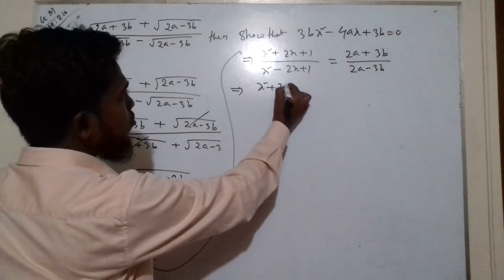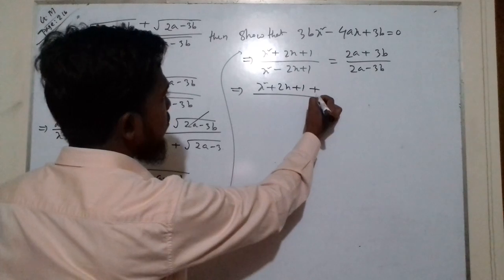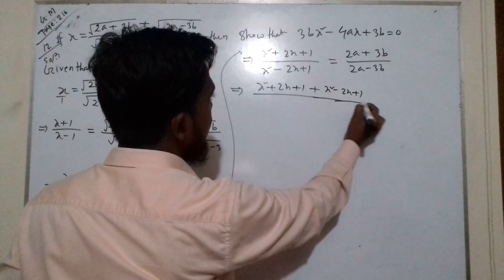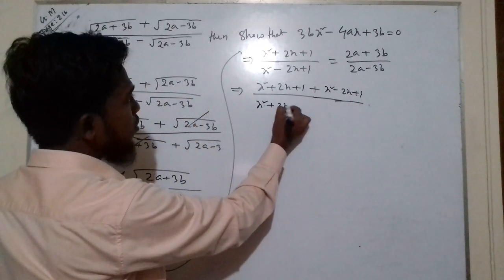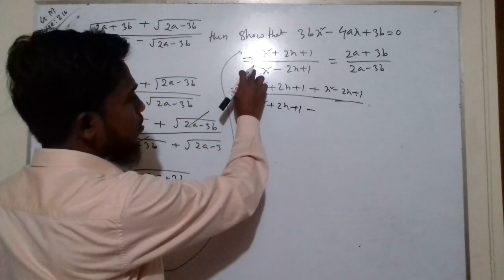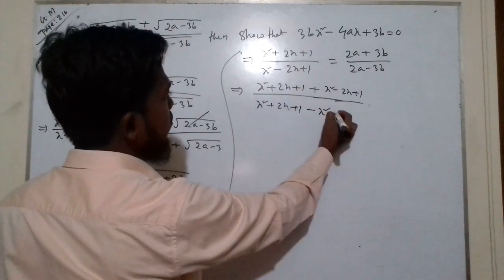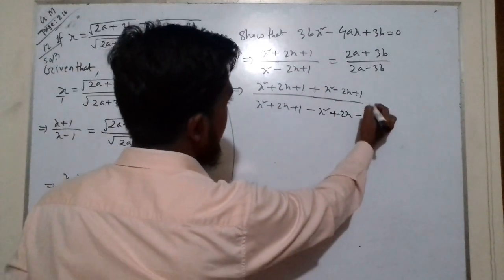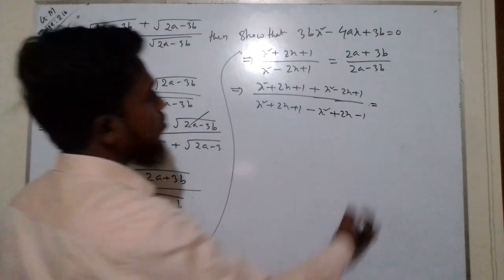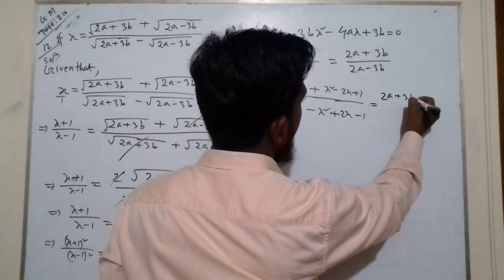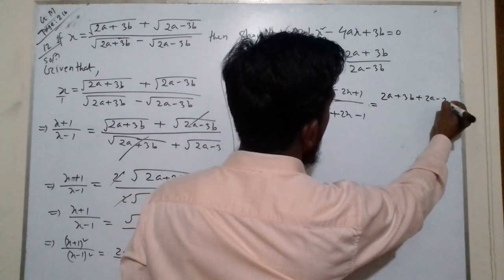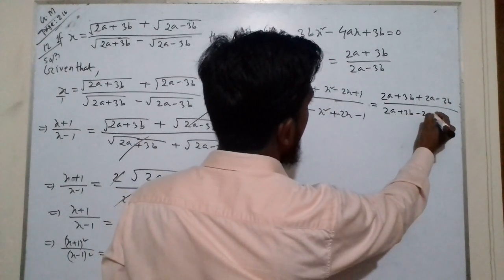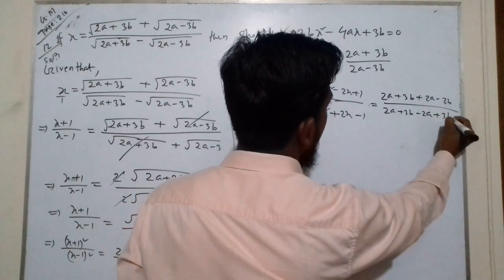x square plus 2x plus 1 plus denominator x square minus 2x plus 1, numerator x square plus 2x plus 1 minus denominator, minus and plus is minus, minus and minus is plus, minus and plus is minus. This equals 2a plus 3b plus 2a minus 3b divided by 2a plus 3b minus 2a, minus and minus is plus 3b.